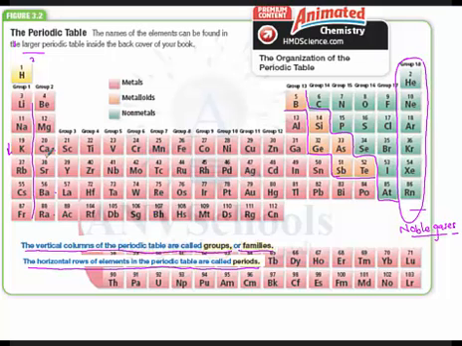For example, in period 2, the elements lithium and beryllium, which are in group 1 and 2 respectively, are somewhat similar in properties. But as you progress across, the properties will change.